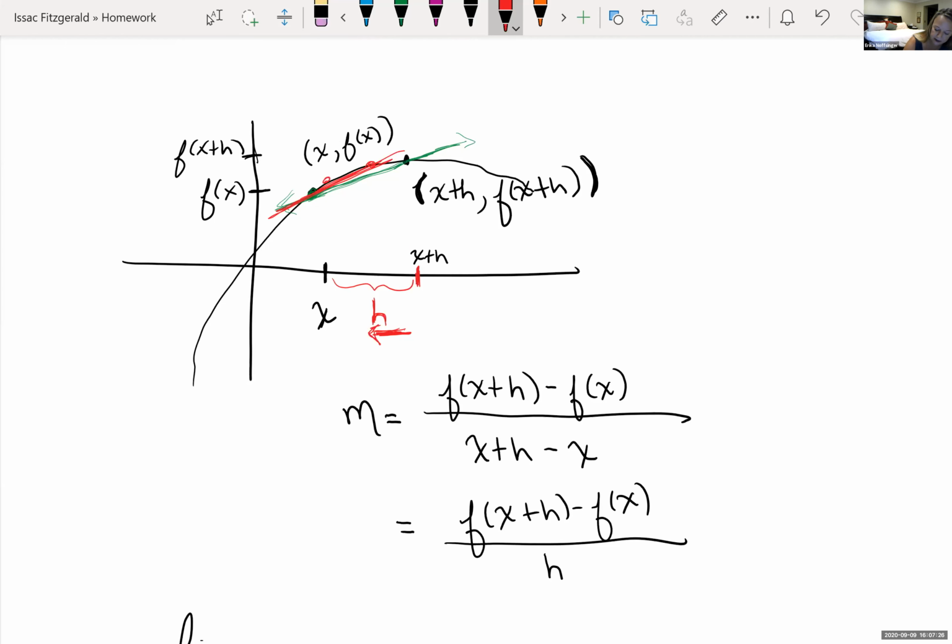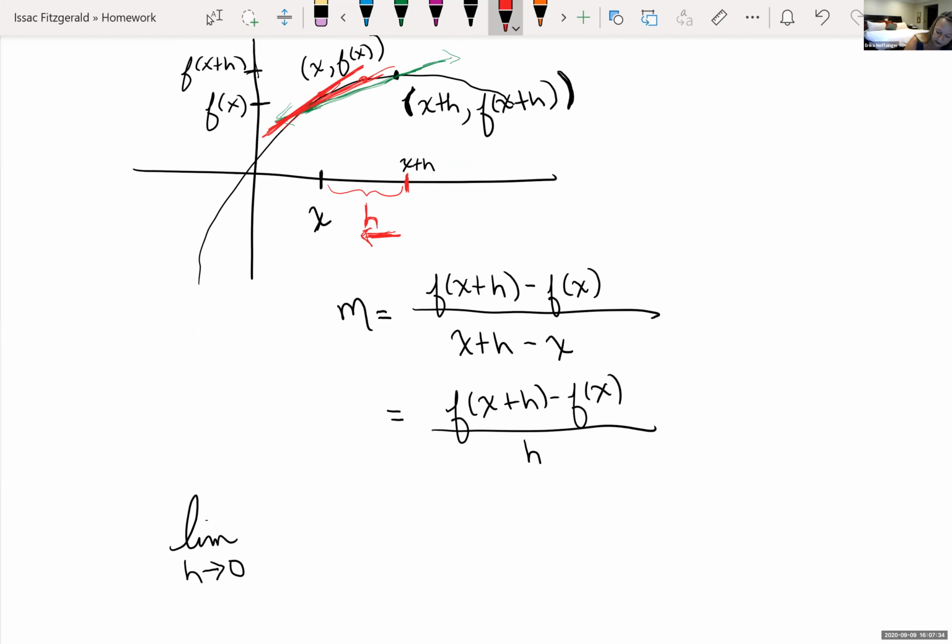If I put it here, this point is now going to give me a better estimate of what's going on. So the closer and closer I make this h value, finding that average rate of change, the more accurate I'm going to get.